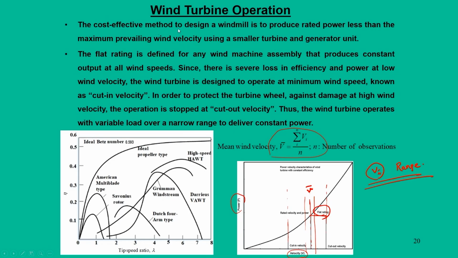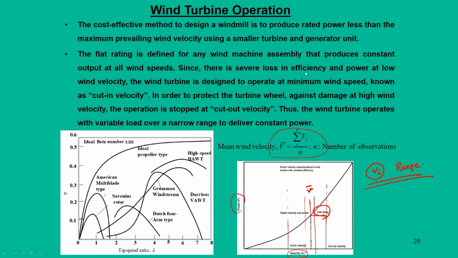The cost effective method to design a windmill is to produce rated power less than the maximum prevailing wind velocity using smaller turbine and generator units. So, a flat rating is defined for any turbine machine assembly that produces constant output at all wind speeds.